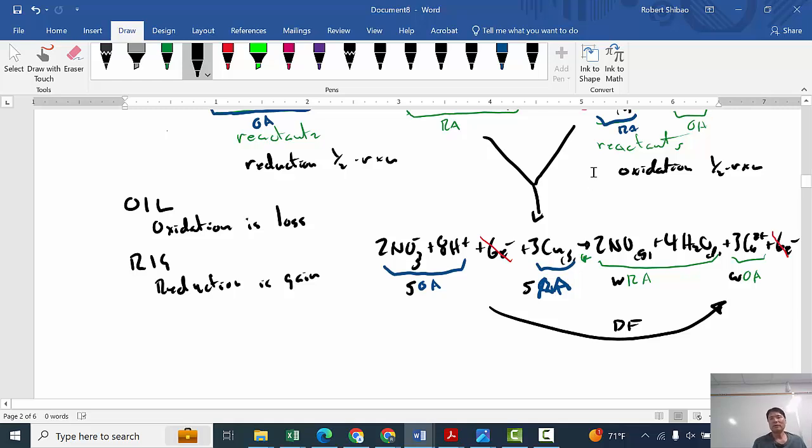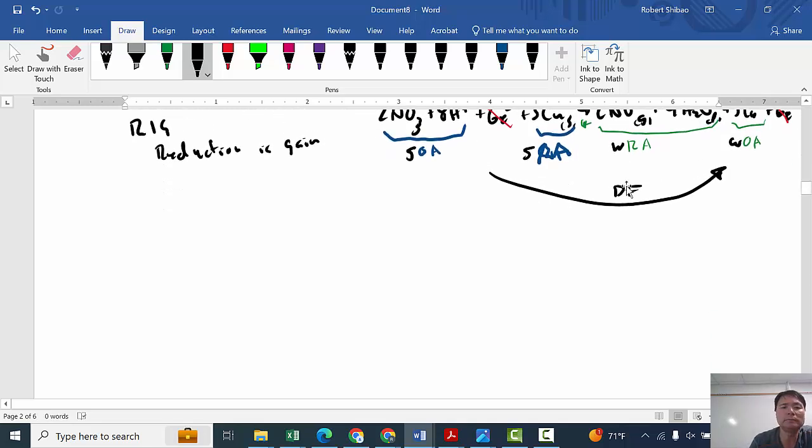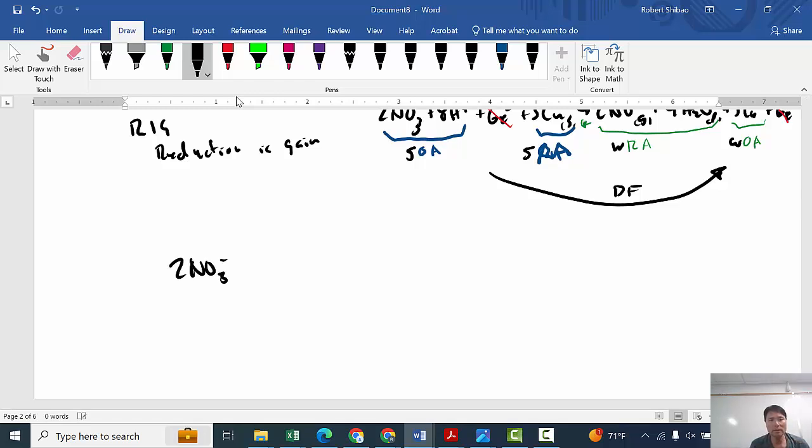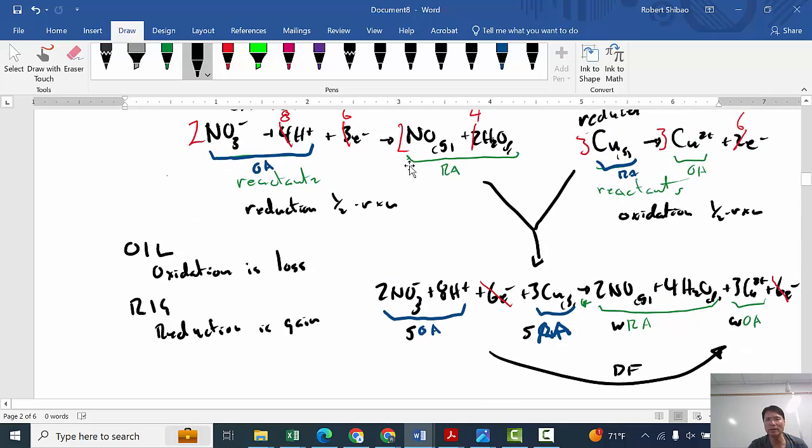All right, since we have driving force, let's go ahead and rewrite this and just clean it up here. So I have my two nitrates, 8H plus 3 Cu solid goes to 2 NO gas plus, actually was it 4 H2O, did I get that right?